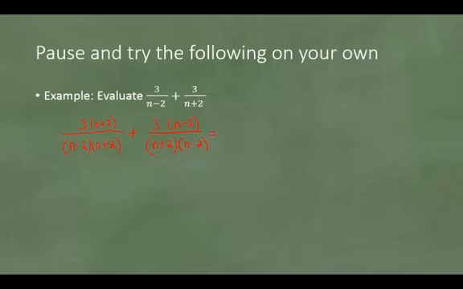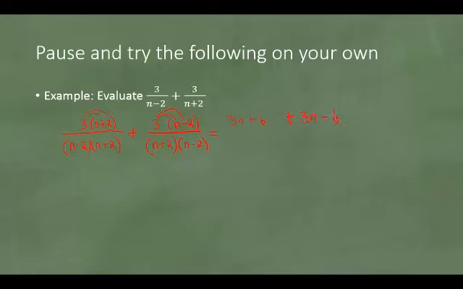And now we're going to multiply the top out, the numerator. 3 times n, and 3 times 2 would give us 3n plus 6, and 3n times 3 times negative 2 plus 3 times negative 2 would give us plus 3n minus 6.